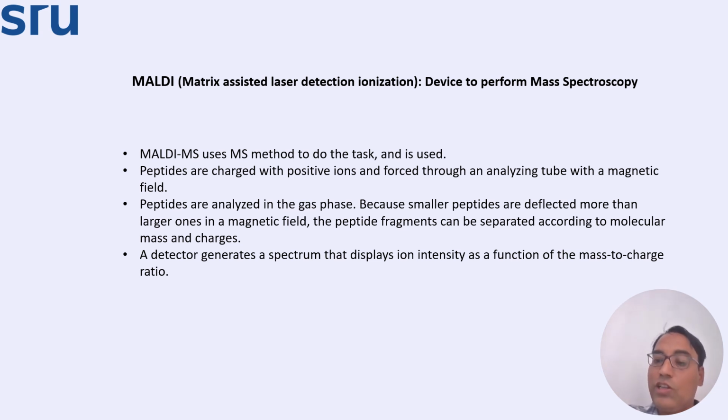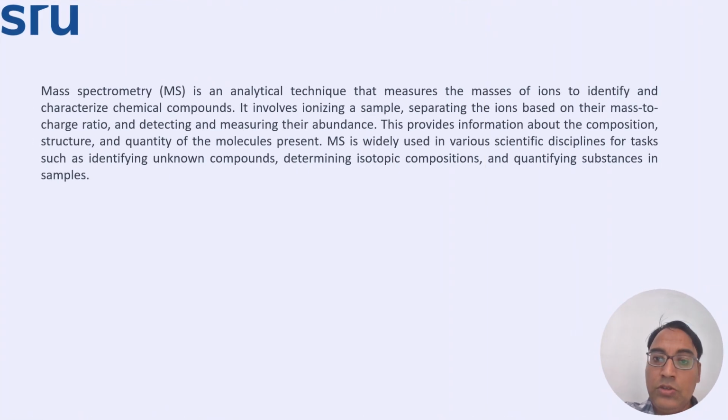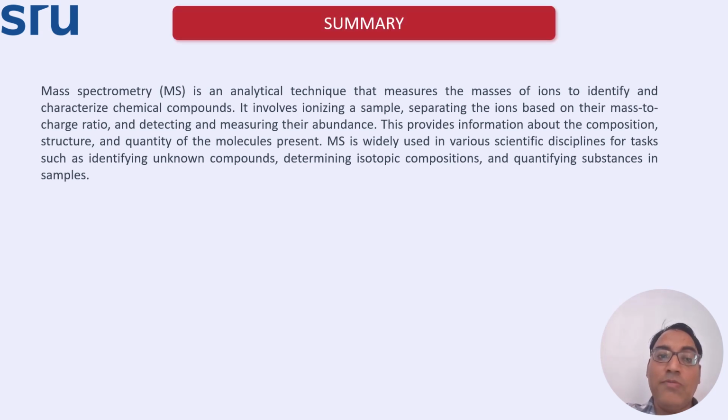So they move together towards the detector. The detector catches the intensity of these peptide fragments, and accordingly it calculates the counts too, how many counts are present, against the mass to charge ratio, M by Z. This is the summary: it is used for identifying and characterizing chemical compounds, especially proteins.